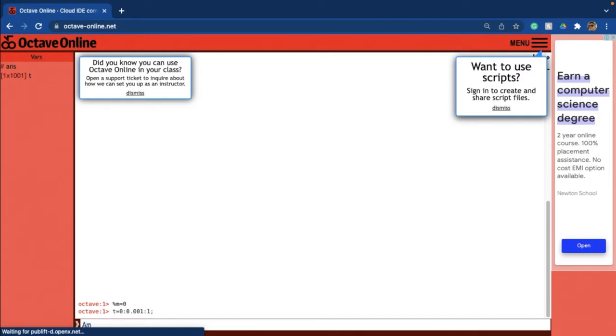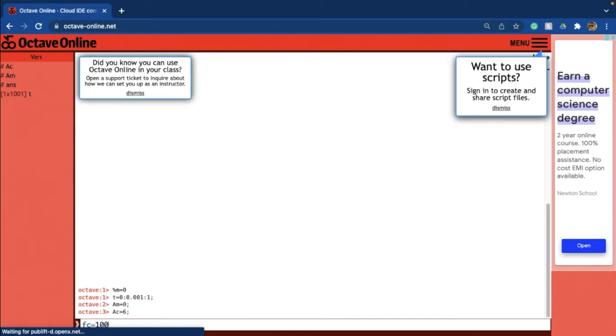Am I'm taking as 0 because I'm taking the case m is equal to 0. So Am has to be 0 here. Ac, I can take any value, around 6. fc is my carrier frequency.